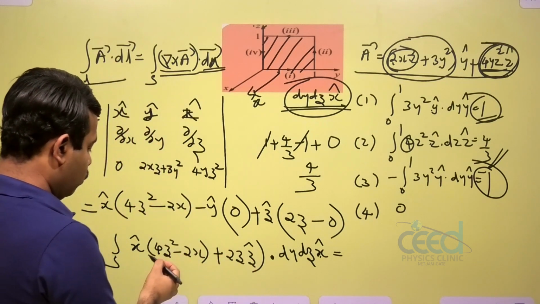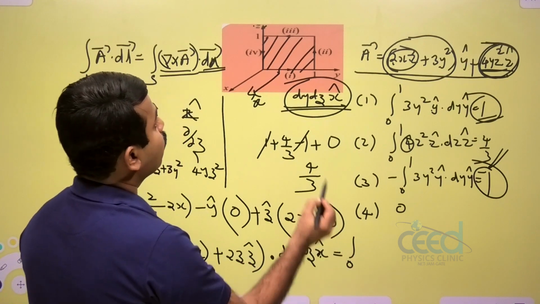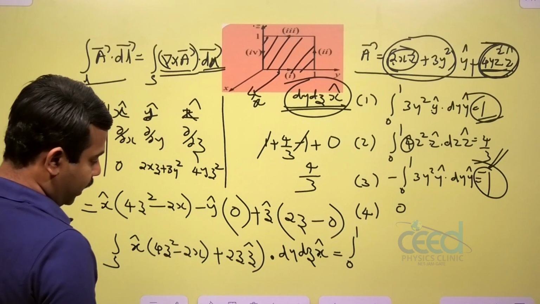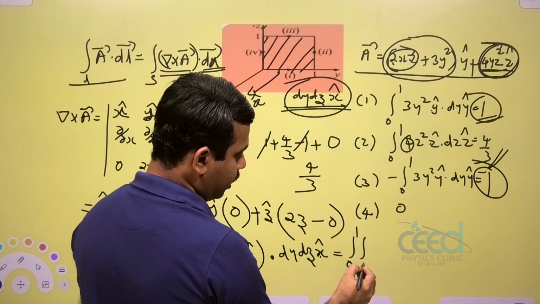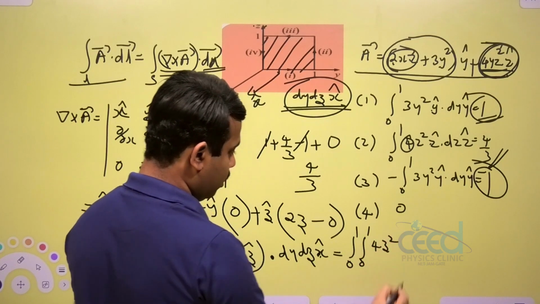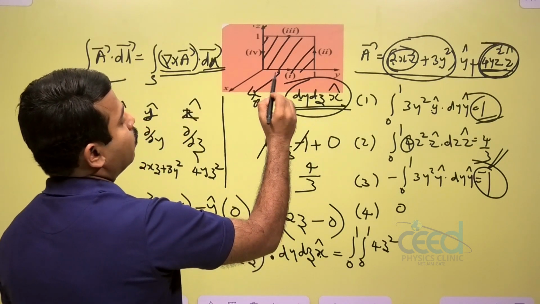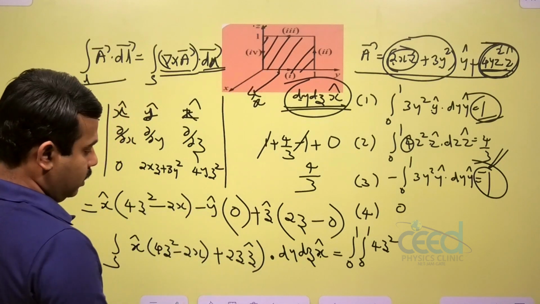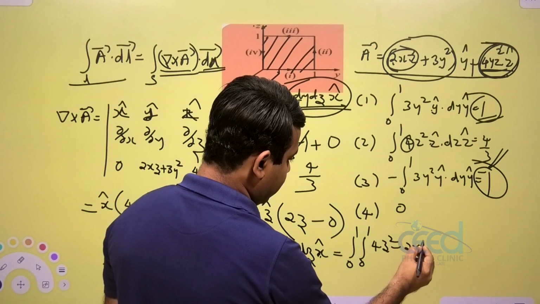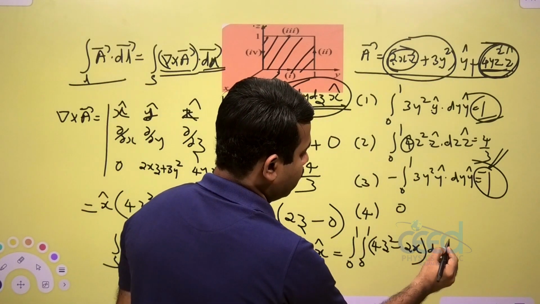So I can write this as a double integral, with limits 0 to 1 and 0 to 1, of 4z square minus 2x, dy dz.